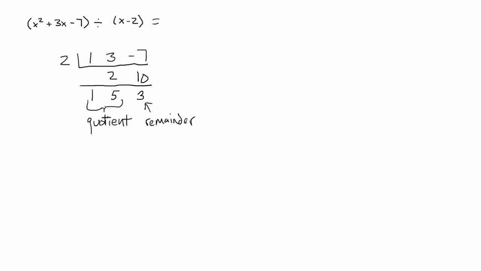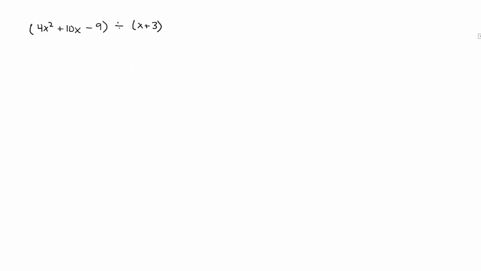And what we do is we go 1 degree less than what we started with. So here we had x squared and we divided by an x. So we're going to have 1x because the coefficient is 1 and the first degree of x we're using is x itself. And then we have a constant of 5, so x plus 5. Now remember, we had a remainder of 3, so we have plus 3 divided by x minus 2.